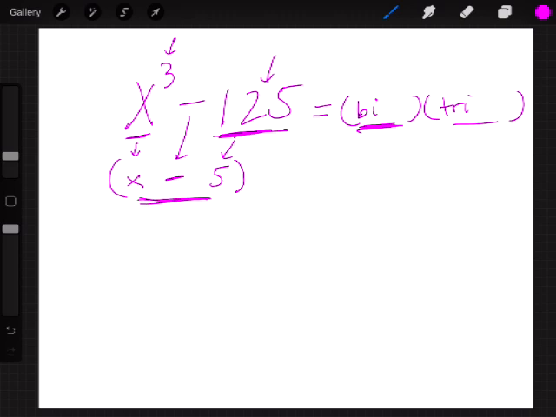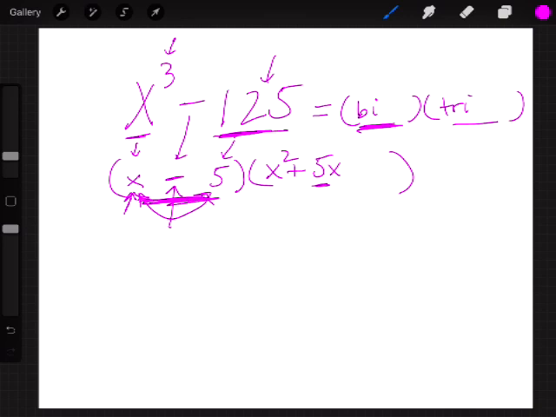This binomial is now what you use to get the trinomial. To get the trinomial, you square the first term, so x squared would go right here. To get the middle term, you take these two and multiply them together, which is 5x. Now, one thing I just realized, I need to go back and correct myself, because I need to know what sign I am putting in there. Whatever sign you have in the binomial, you always put the opposite one there.